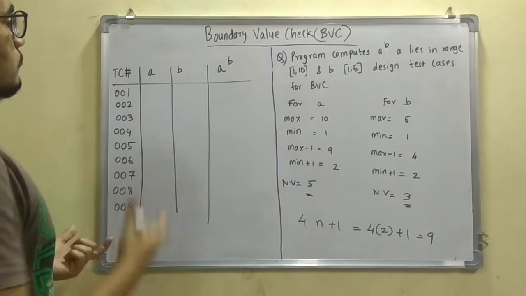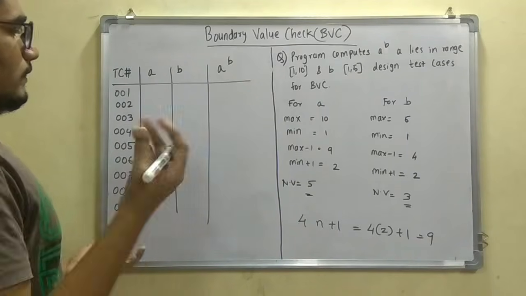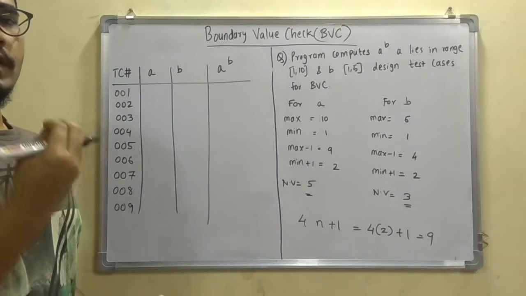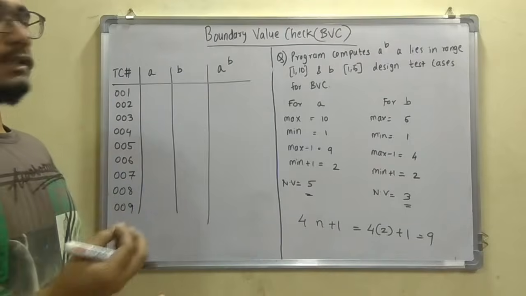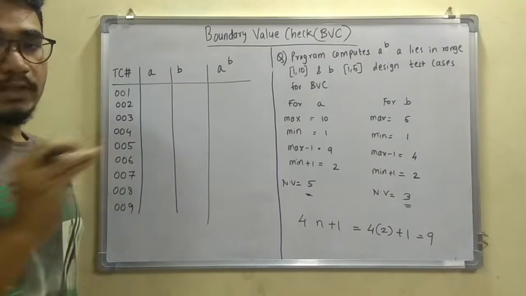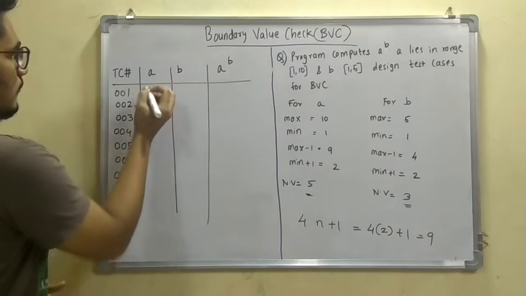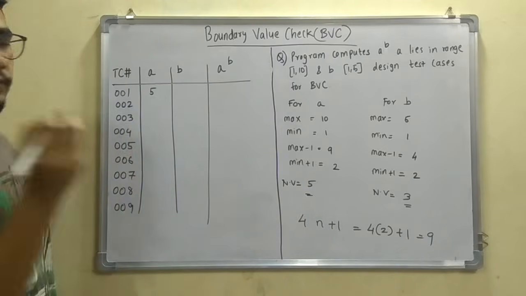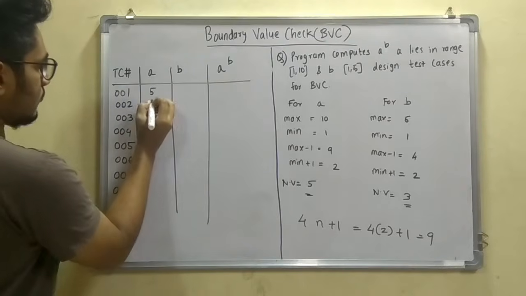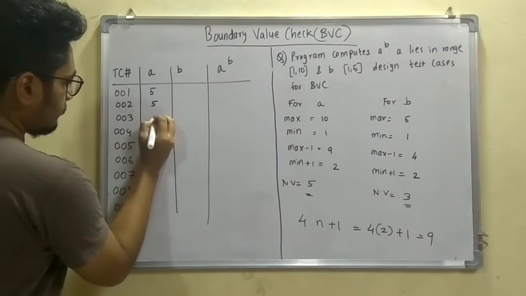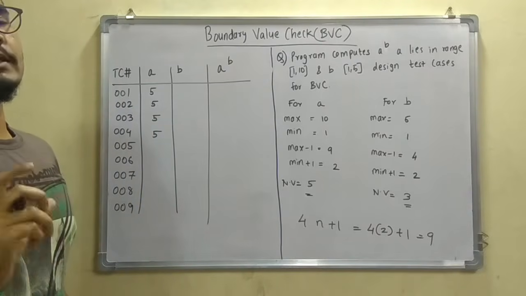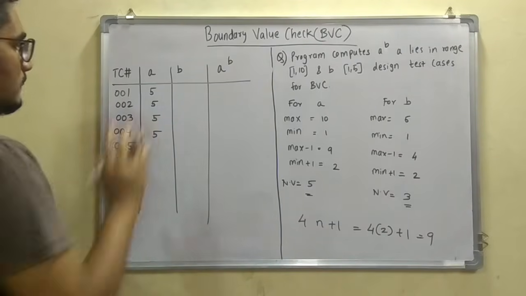Next we have to write the A and B values. There is a way of feeding these input values to the engine for testing the BVC. For that we write the nominal value first for A: for the first test case ID, 001, we write 5, and we write 5 for the next as well. For the first 4 values we assign the nominal values.